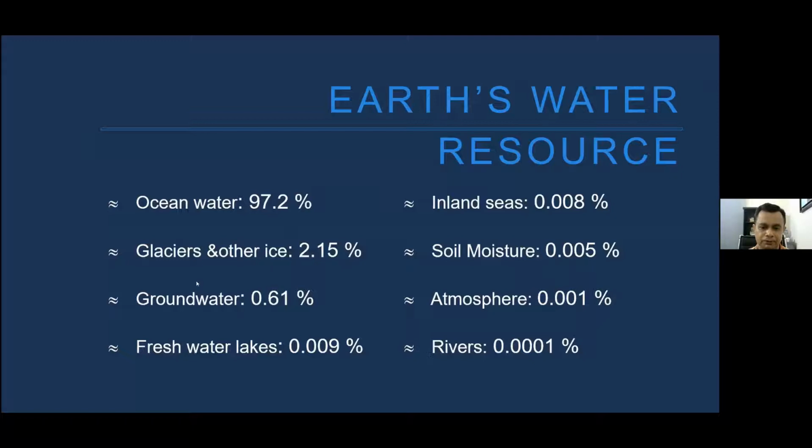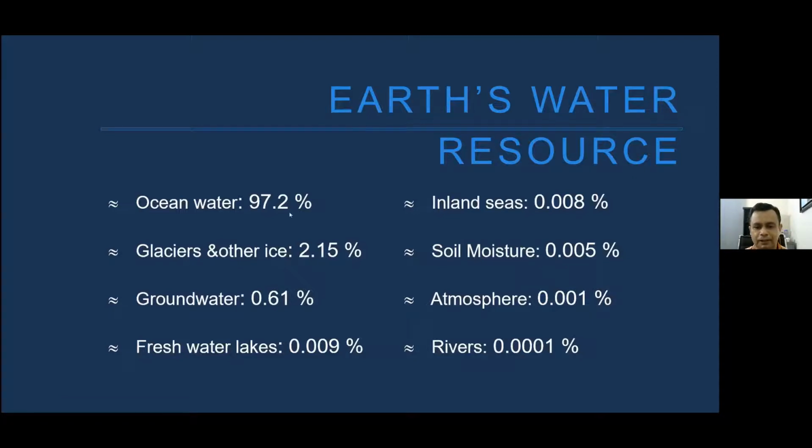Then groundwater is also very important because we have distributional processes for groundwater, like underground seepage and underground water flow, which can come to the main water bodies and add to the hydrological cycle. That's why groundwater is also important, and it covers around 0.61%.